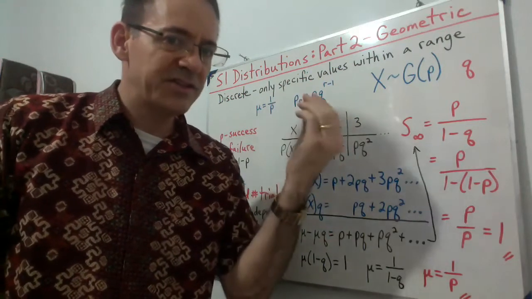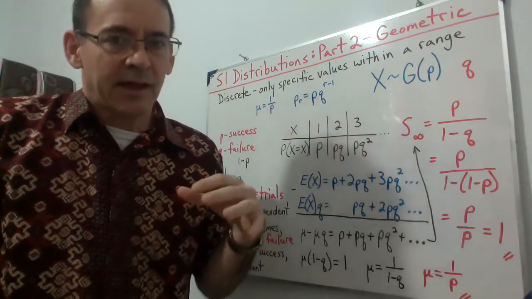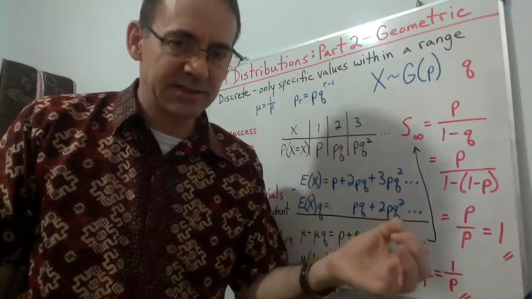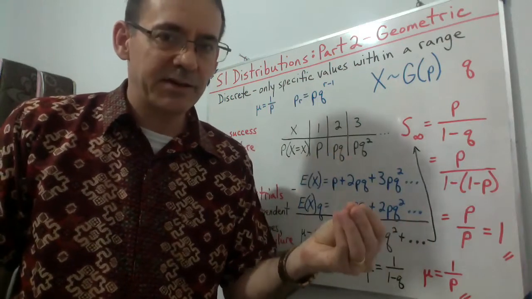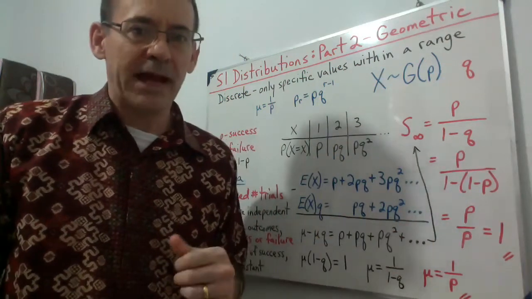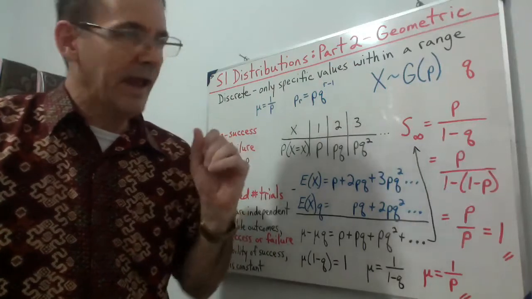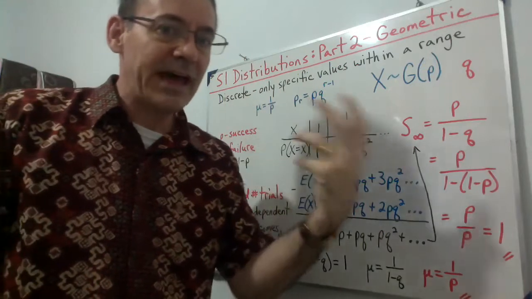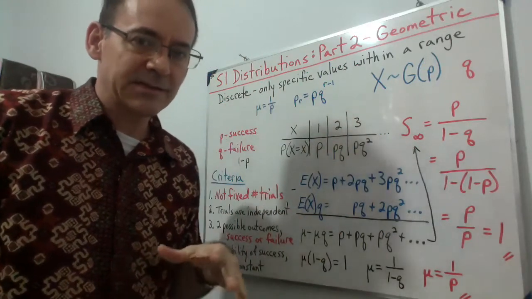So when we get to geometric distribution, it plays off of geometric series, which we looked at in the Pure 1 math video series. And so you're going to see a little bit of that flavor as we look at the concept.